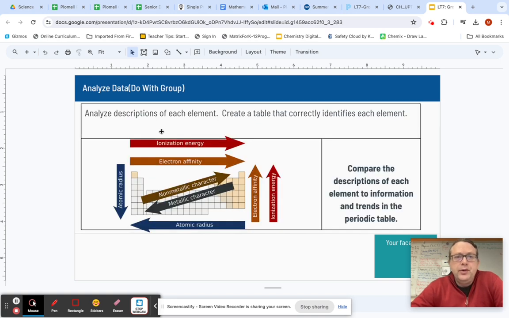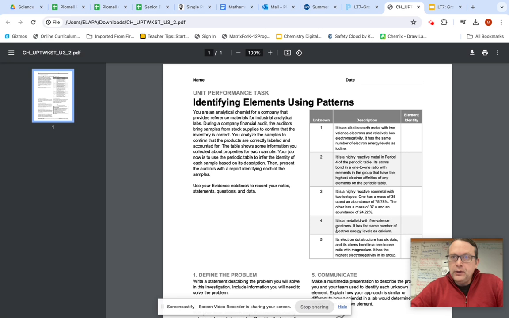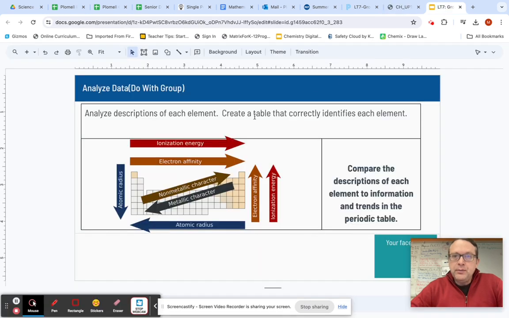Also, with your group, after you have researched the ways that you, as a scientist, would have analyzed those samples, look again carefully with your group at all of these descriptions on here and make a table that correctly identifies each element.